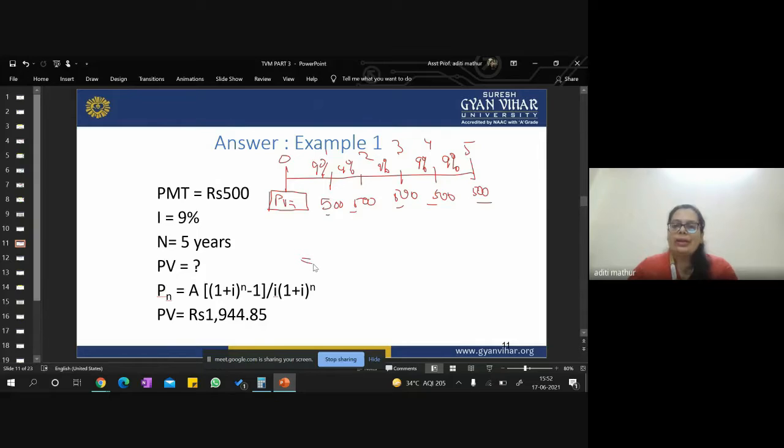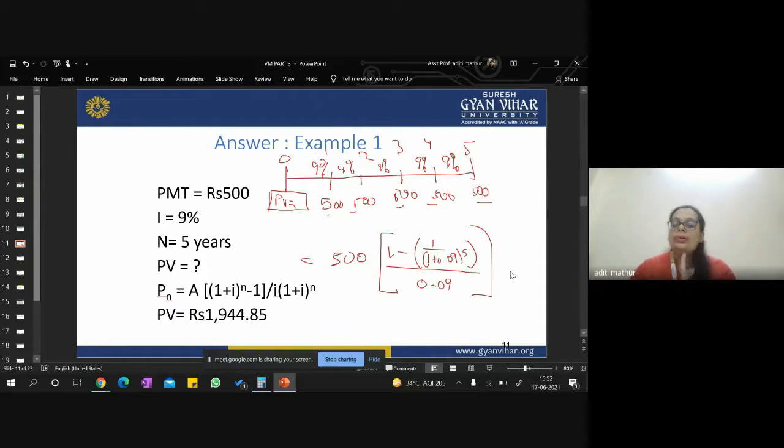You are going to calculate it with the help of the formula, which is 500 into 1 minus 1 divided by 1 plus 0.09 to the power of 5, and whole divided by 0.09. Right?